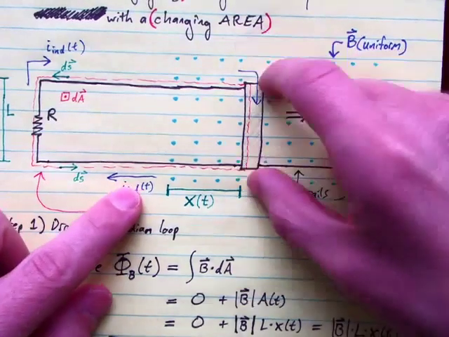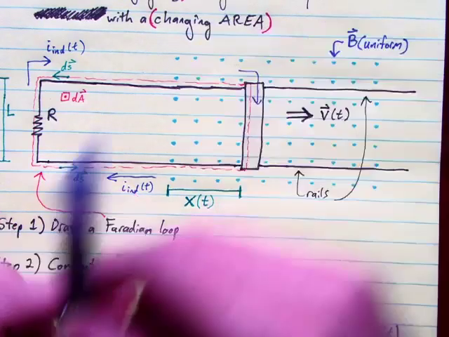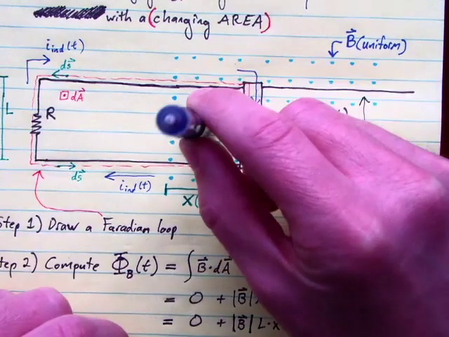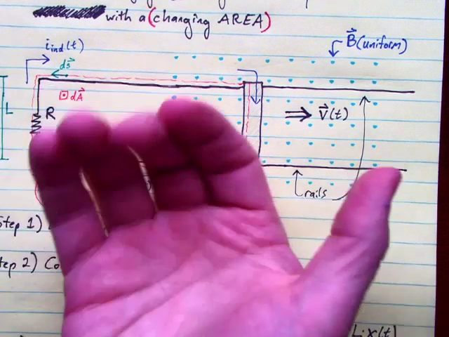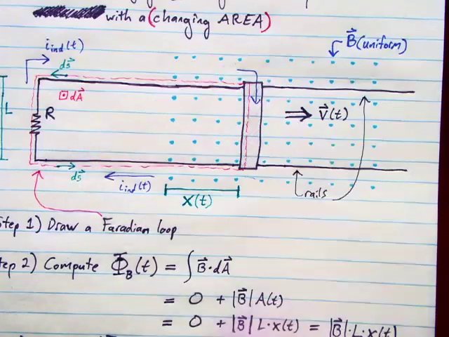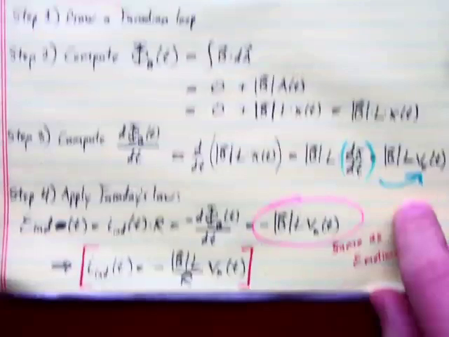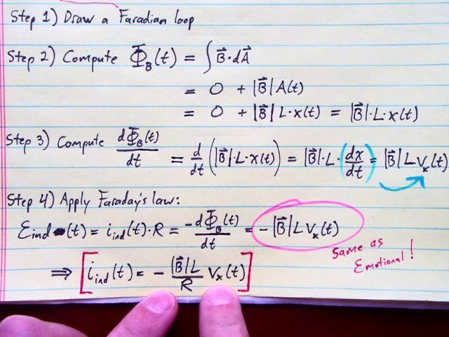If this bar was moving left, then the magnetic flux out of the page would be decreasing as this area got smaller. So we would need to add more flux out of the page to replace it. Therefore, we would need a counterclockwise current to add flux out of the page to try and maintain the flux that was originally there. So this expression applies whether the bar is moving to the left or to the right.